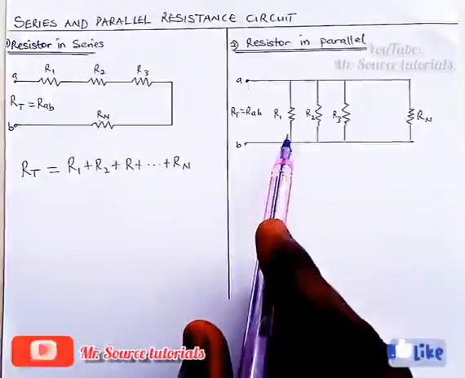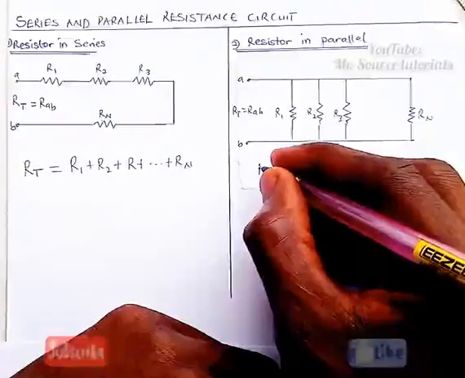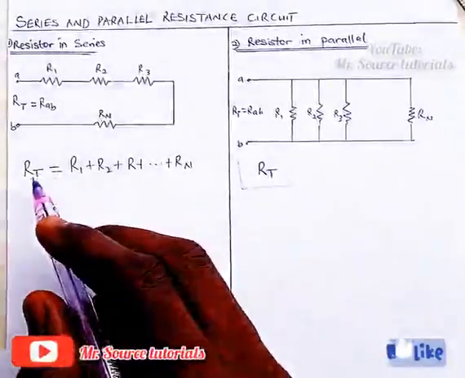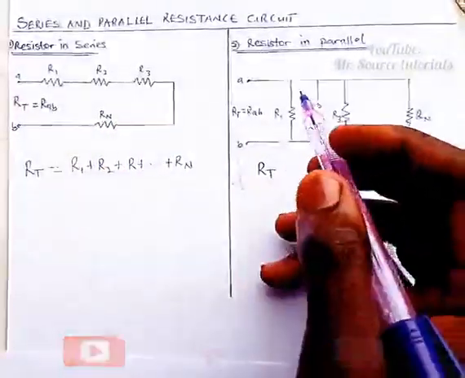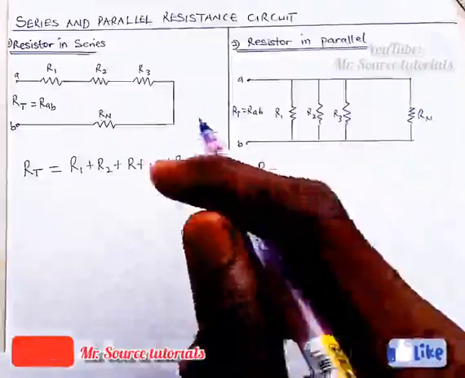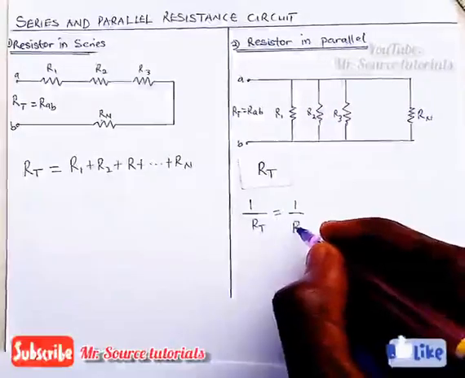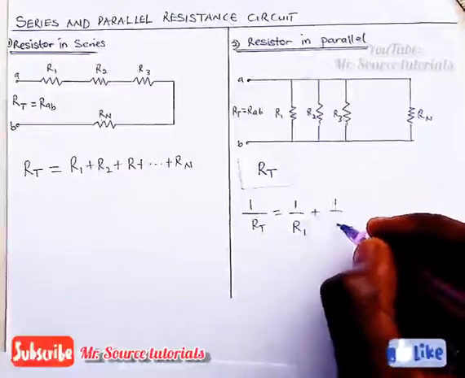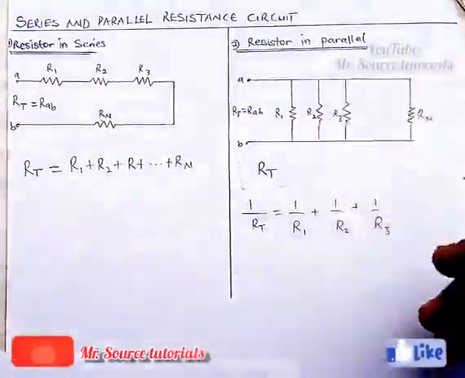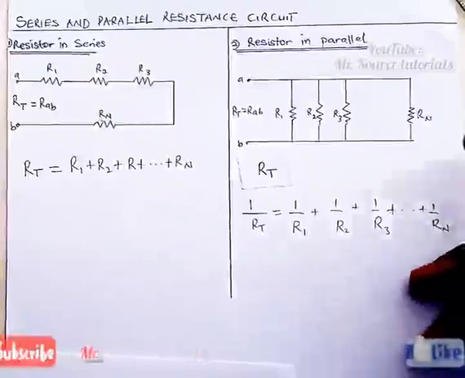To find the equivalent or total resistance at this terminal, 1 over R total equals 1 over R1 plus 1 over R2 plus 1 over R3, and it can continue to 1 over Rn.